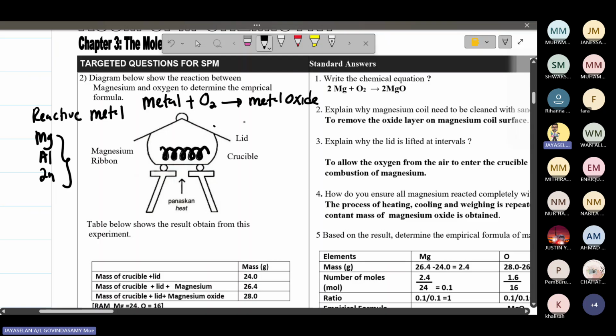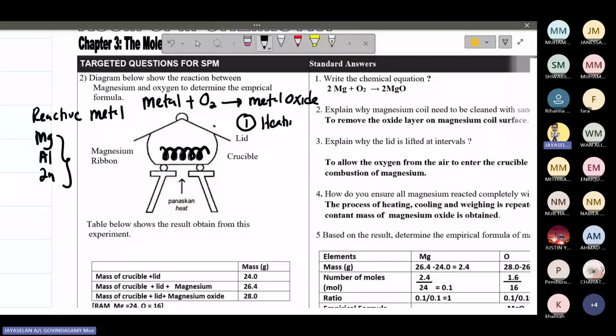So in this process we will do 3 steps. First, we will heat. Second, we will do the cooling process. Third, we will do the weighing process. And this process is repeated many times to make sure all the metal reacted completely with the oxygen. It will be repeated a few times. How many times? 3 times. Then they will take the average mass.